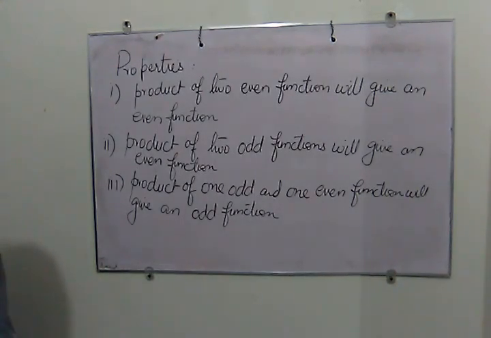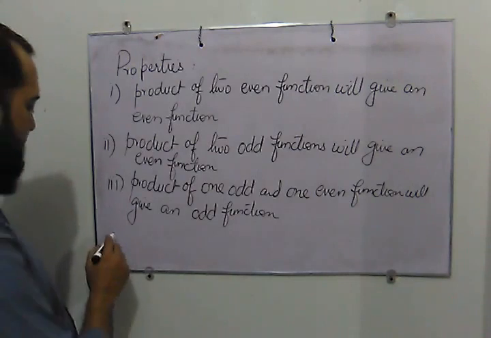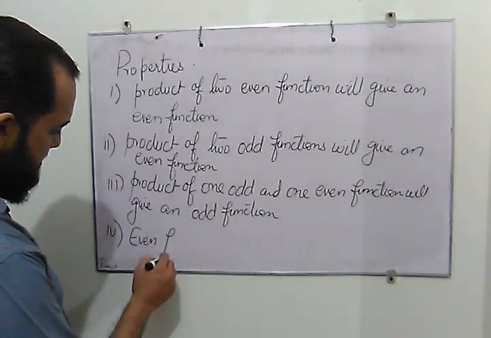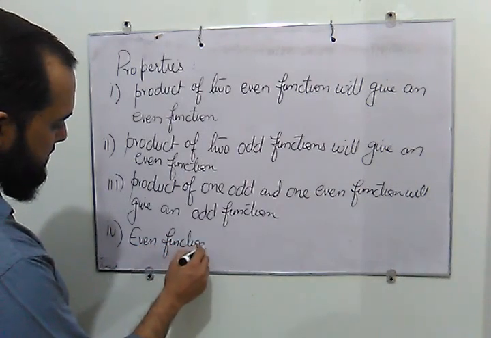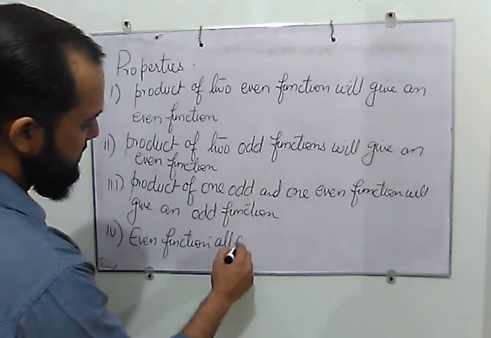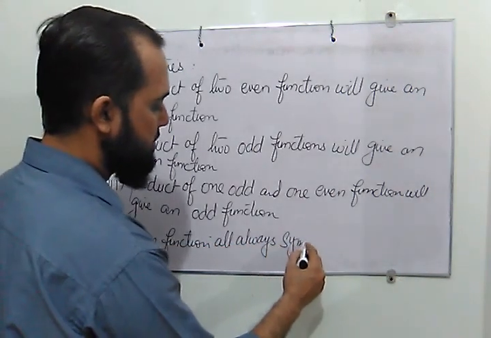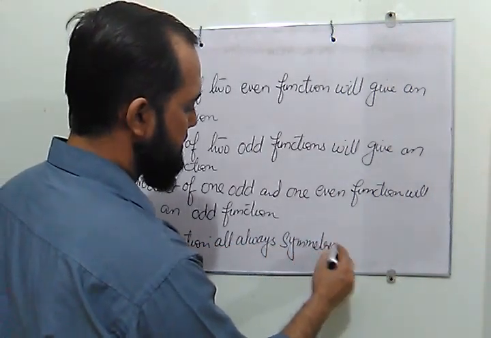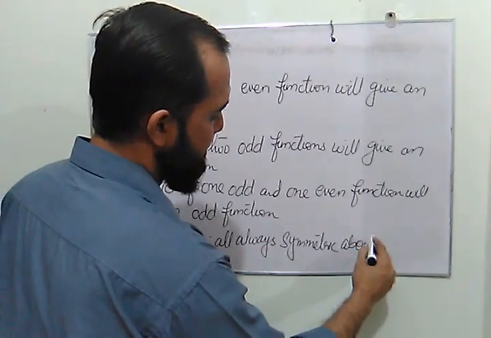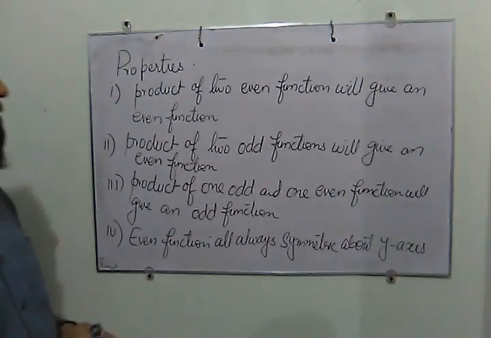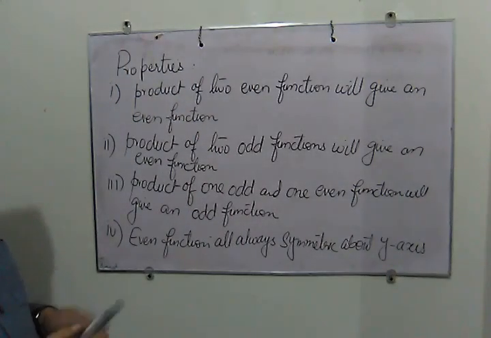Now what are the even functions? They are always symmetric about the y-axis. So we have seen these four properties and I explained the fourth one.